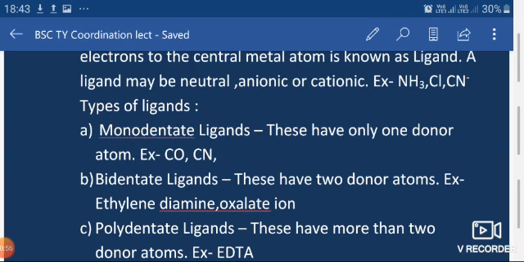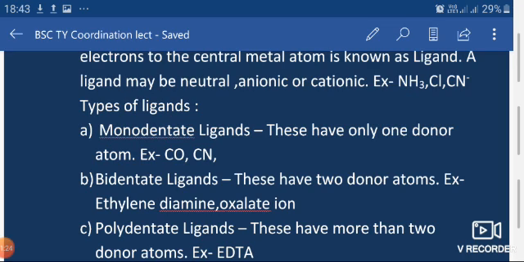The first type of ligands is monodentate ligands. As I have told in the previous lecture, the ligands have been classified into different categories based on their nature or based on the denticity of ligands. Both classifications are important, but for your level you can go for the classification based on the denticity.